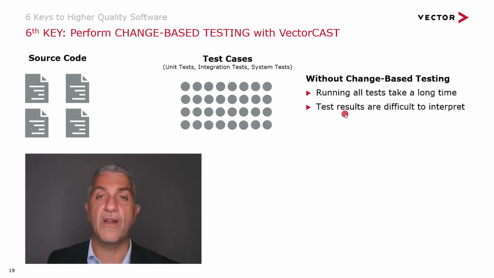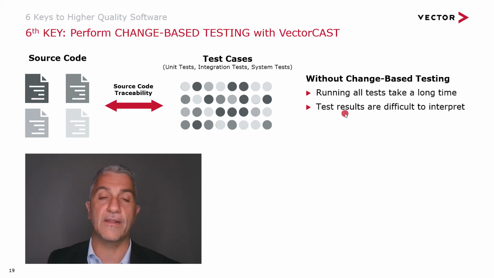In normal regression testing, you need to rerun all the test cases: unit, integration, and system test cases. And it takes a lot of time. It could take days or weeks, because some hardware tests are very long and the test results are very difficult to analyze. But what if we collect the coverage with VectorCast/QA and keep the source code traceability?